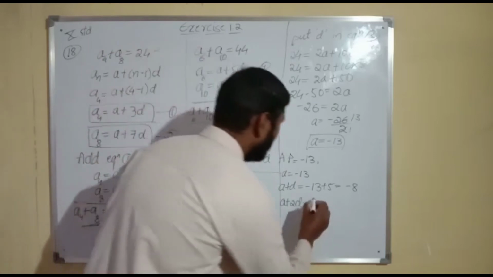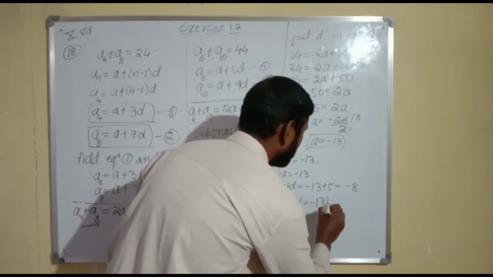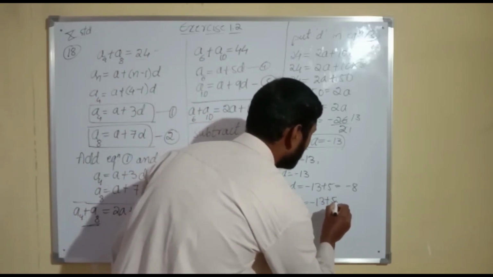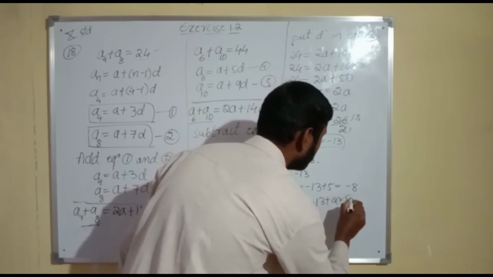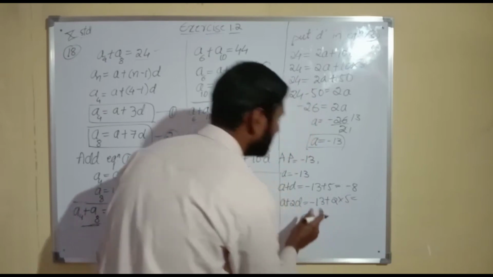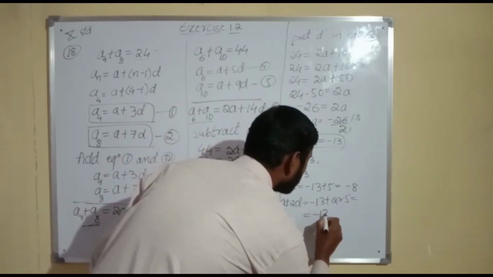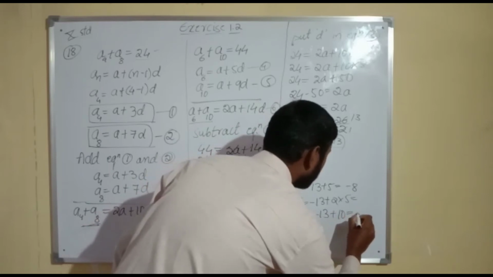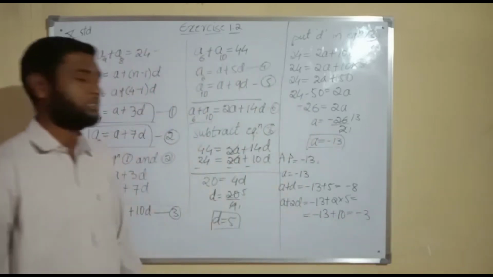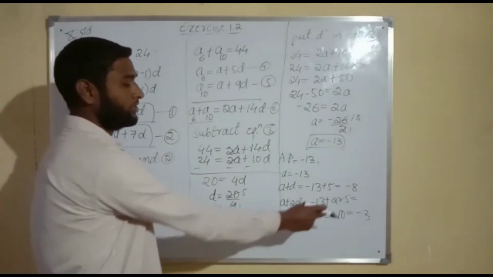Here a means minus 13, plus 2d means 2 into 5, that is 10. Minus 13 plus 10 is nothing but minus 3.